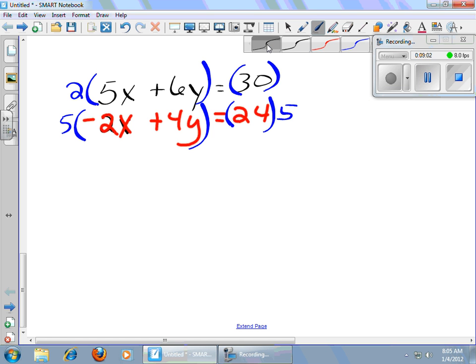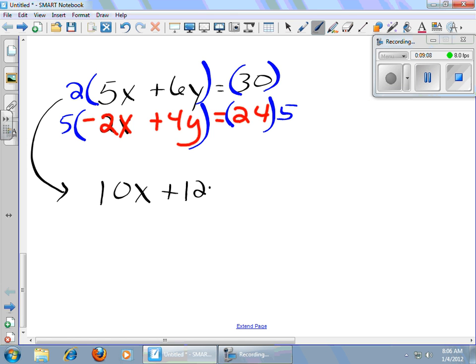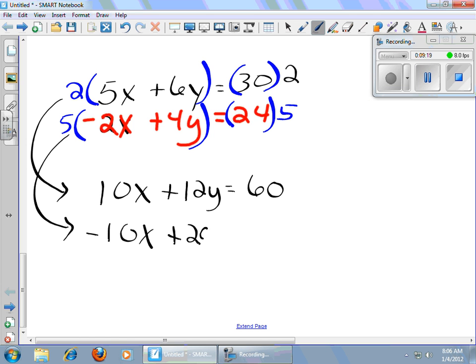Doing so, the first equation will give me 10x plus 12y, which will equal 60. I forgot to put the 2 there. Sorry about that. The second equation will give me negative 10x plus 20y, and that will equal 120, I believe.